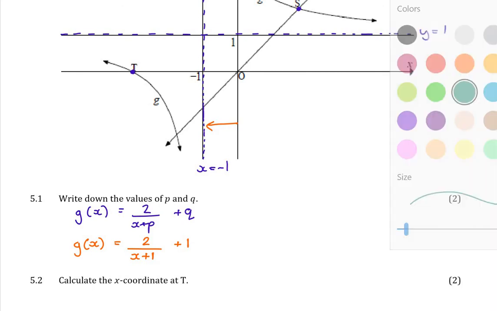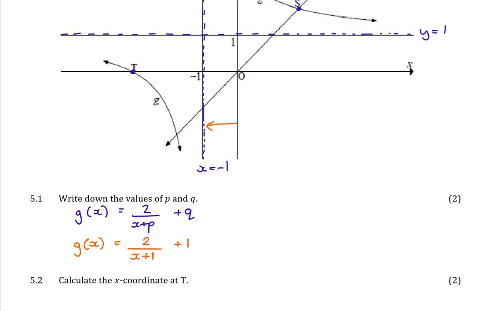Now, that's not what they wanted. They wanted to know what is the value of p and what is the value of q. So if you see that the formula is x plus p, and I now know that this formula is x plus 1, I can tell you that p has to equal 1. It doesn't have to be equal to negative 1 simply because they had a plus in the formula which they gave you, and you have a plus in the formula which you know the answer is.